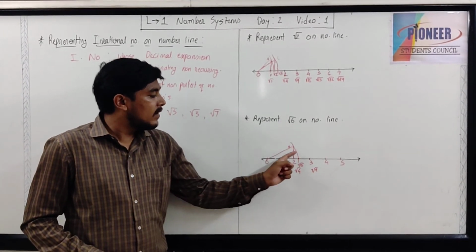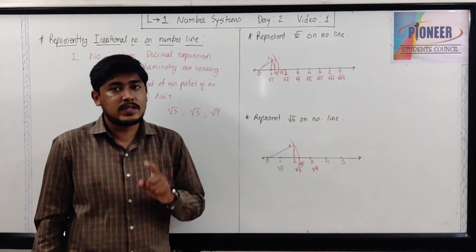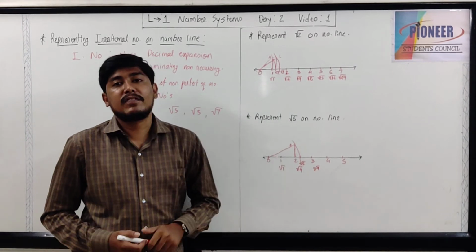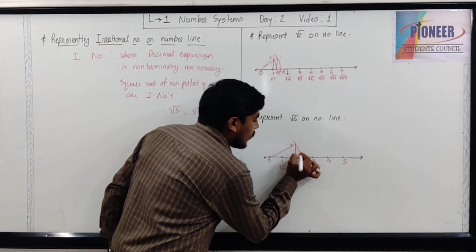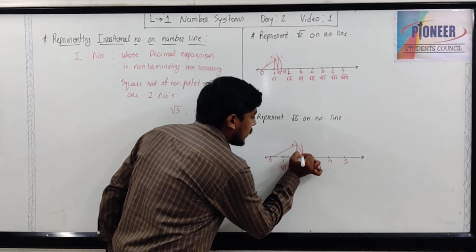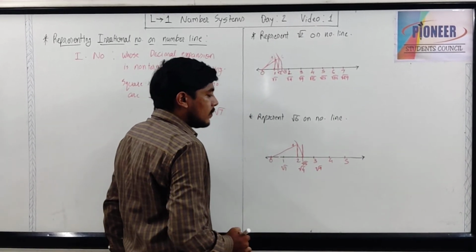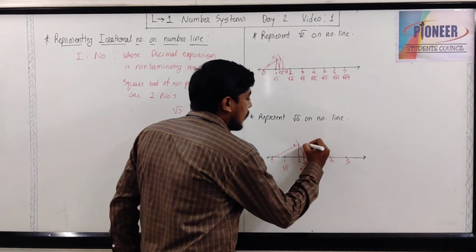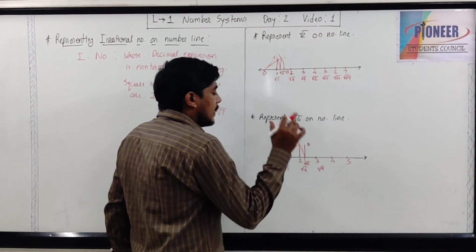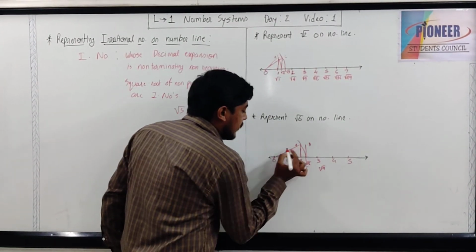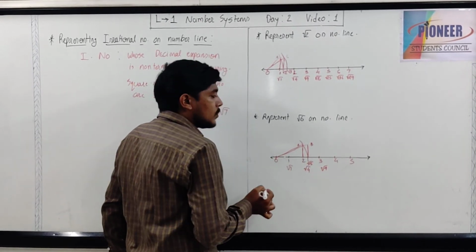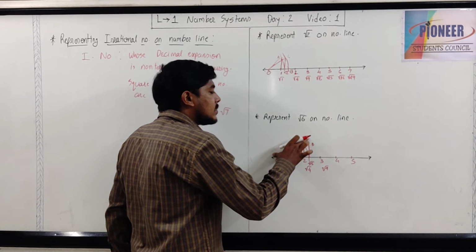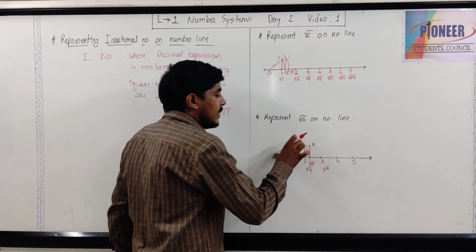Next point after root 5 is root 6, and this is what we have to represent. So again, from the point of root 5, draw a line of 2 centimeters again. Now let this point be known as B. Join this B with O, and take the distance OB in your divider.